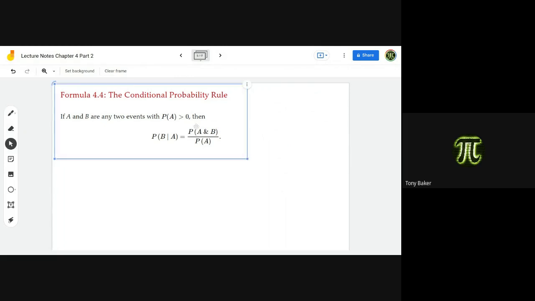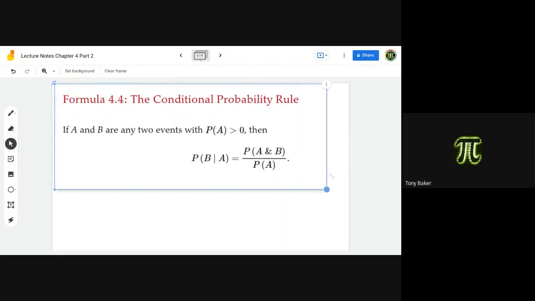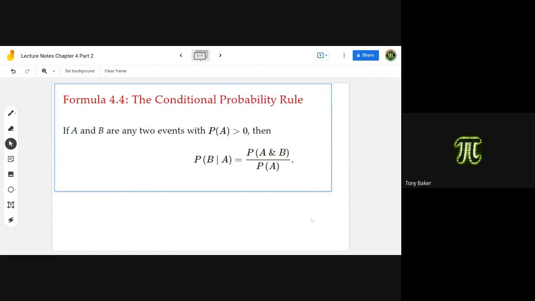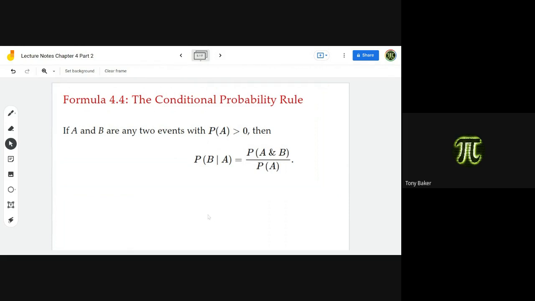All right, so this is the conditional probability rule. Depending on what information you're given, depends on how you do these calculations.